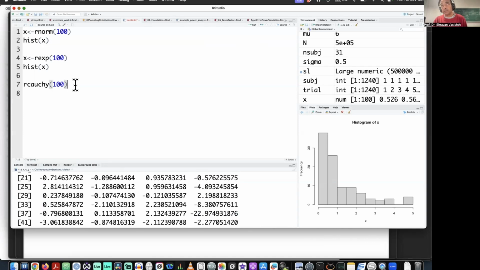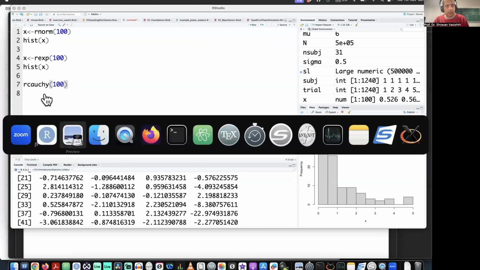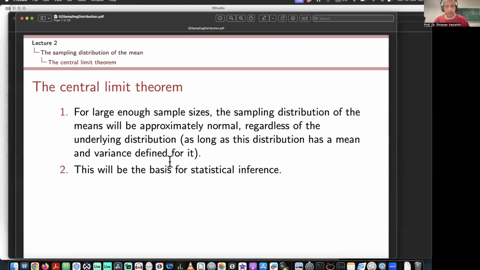So the central limit theorem doesn't apply for that distribution. Okay, so apart from the Cauchy, which we don't care about in this course, as long as we are sampling from a distribution that has a mean and variance defined for it, and the sample size is large enough, the sampling distribution of the means will be approximately normal.